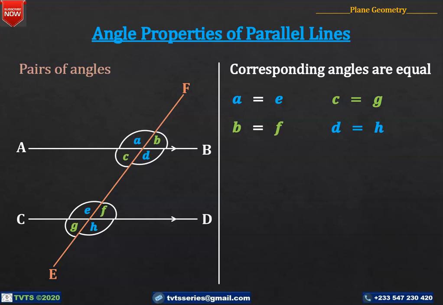Again, vertically opposite angles are equal. We have already learned in our previous lesson that vertically opposite angles are two angles that are opposite to each other when two straight lines cross. You can think of vertically opposite angles as an X shape.